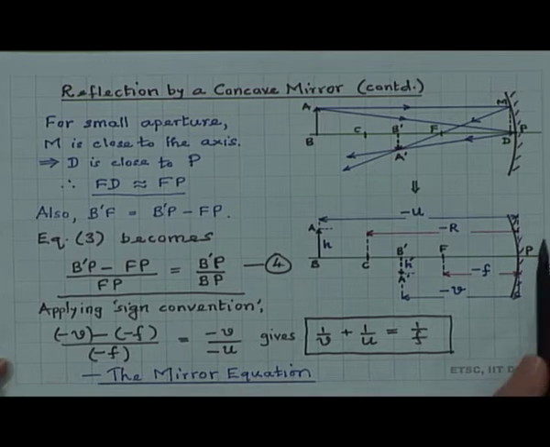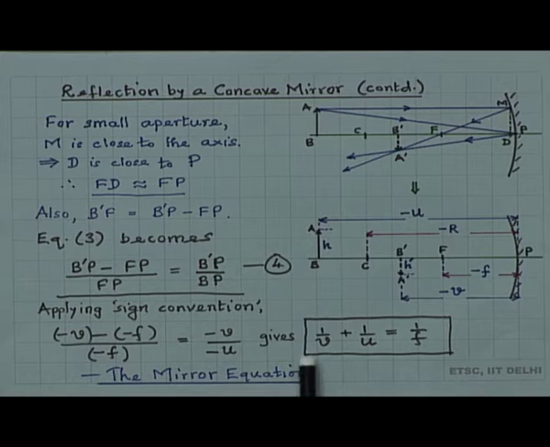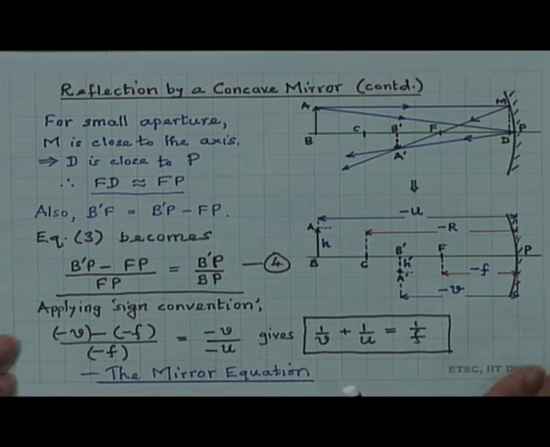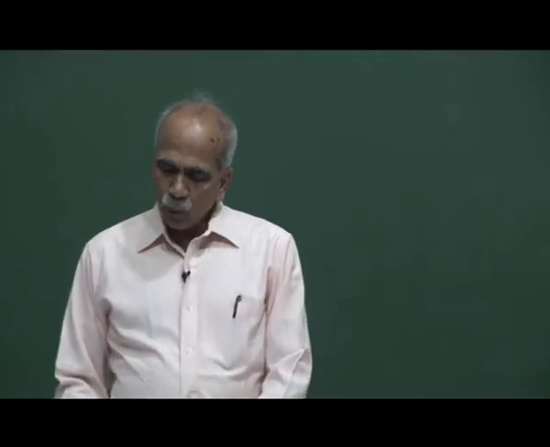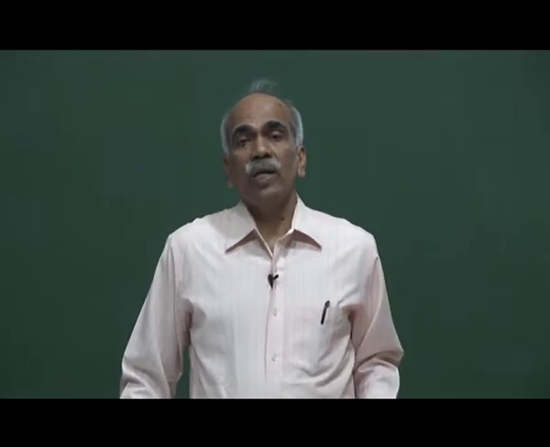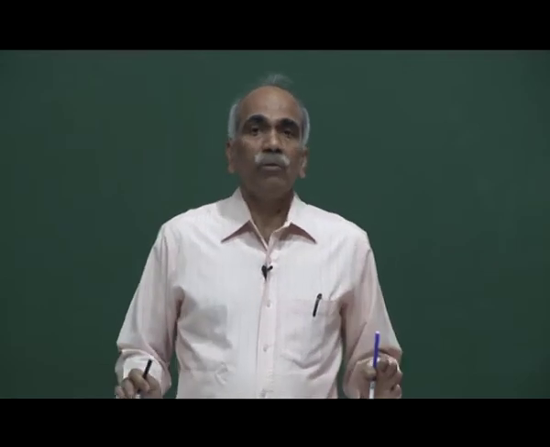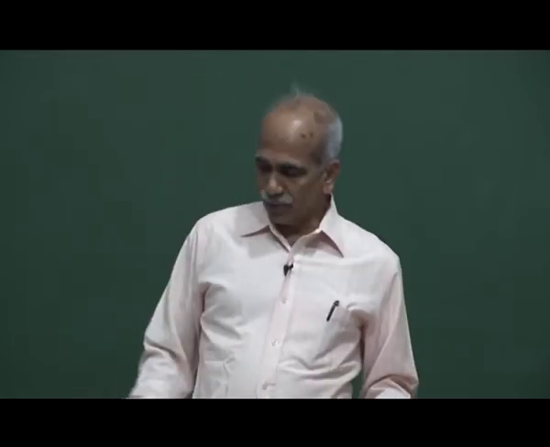For example, when the mirror is given, normally the radius of curvature or the focal length of the mirror is given, and you may know the object distance and be asked to find the image distance, or an image distance may be given and you may be asked to find the object distance, which means the third unknown can be determined using the mirror equation, and one can precisely determine the location correct to the accuracy that is required, of course, all within the small aperture approximation.